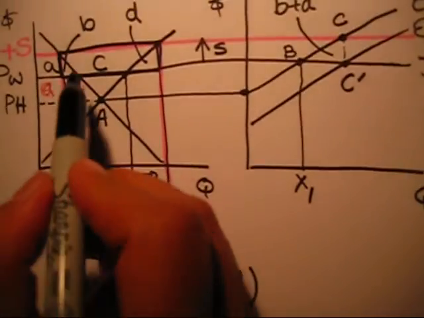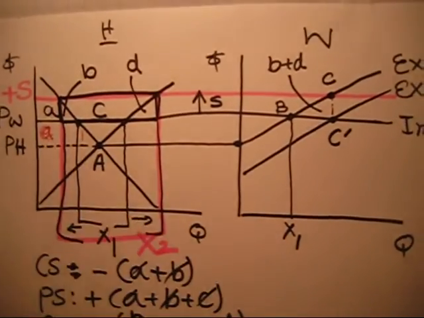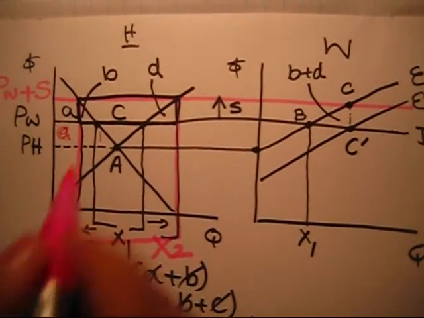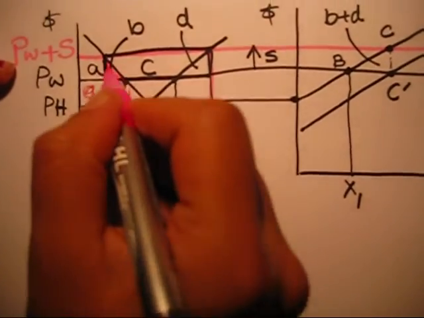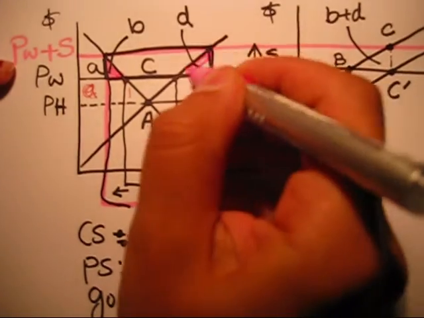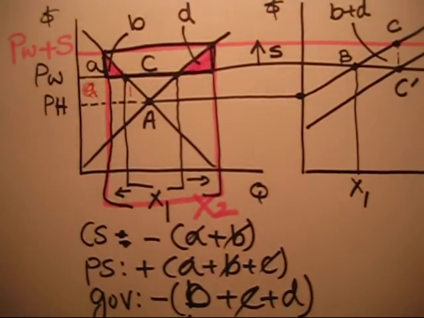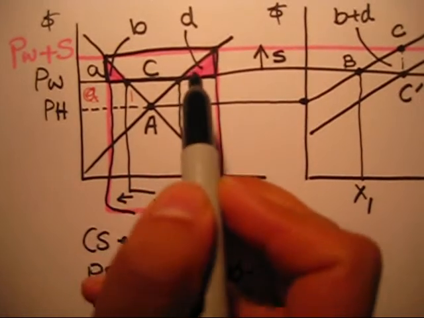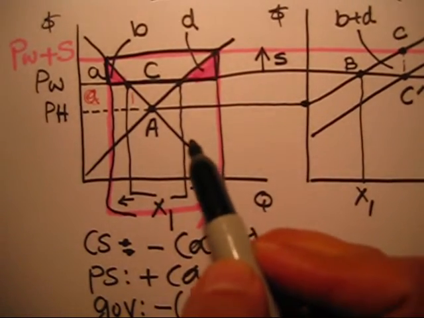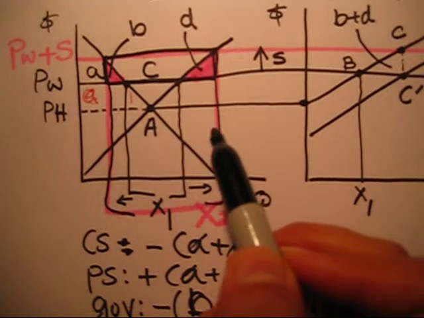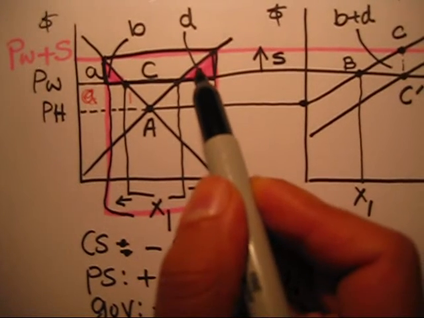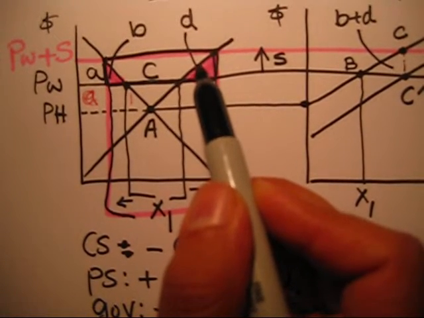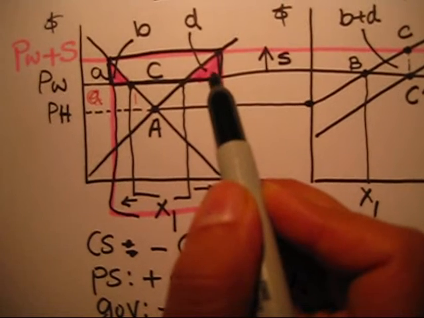Now, the two triangles, I'm going to color them so you can see properly, triangle B and triangle D have special meanings. Triangle D equals the increase in marginal costs for the extra output produced due to subsidy. This is production inefficiency, a loss in the economy.